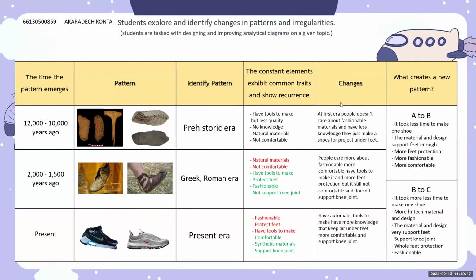So what creates a new pattern from A to B is that it took less time to make one shoe, and the material and design support fit enough, more foot protection, more fashionable, more comfortable. And from B to C it took even less time to make one shoe, with more high technology in material and design. The material and design very much support knee joints, hold foot protection and are fashionable.